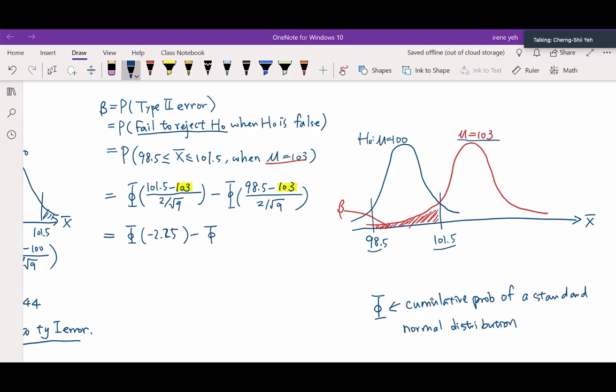So when I'm not referring to a cumulative probability of a standard normal distribution, I will always use a p. That's why you see a p here, a p here, a p here. This becomes a phi when I'm standardizing it into a standard normal distribution. Okay? Yeah, because I used a p, I'm going to change it to a phi then.